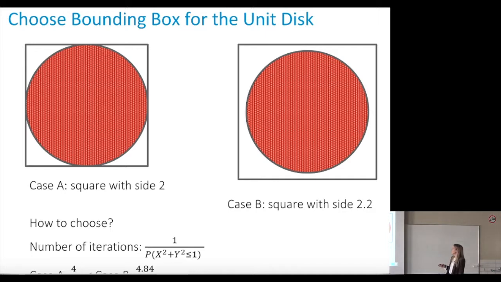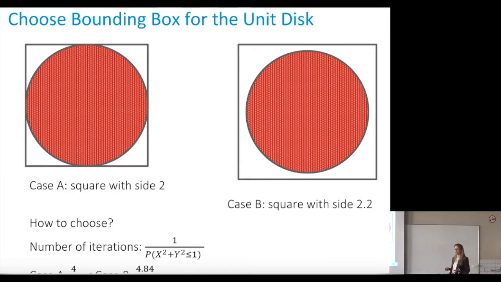Since this is the unit disk, the first square has side 2. This is tangent here, so it has side 2. The second square, we have chosen just a square that has side 2.2. Okay, so both are correct squares in order to perform rejection sampling.